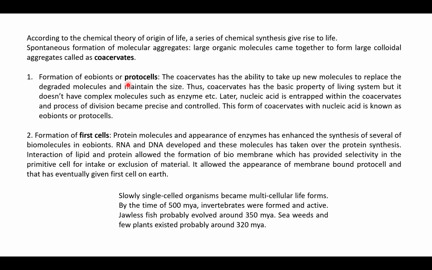In the next step, the first cell, the appearance of enzymes enhanced the synthesis of several biomolecules. Then RNA and DNA developed, and these molecules took over protein synthesis from the central dogma: from DNA, RNA arises, and from RNA, protein arises.